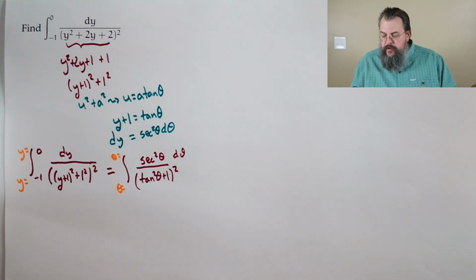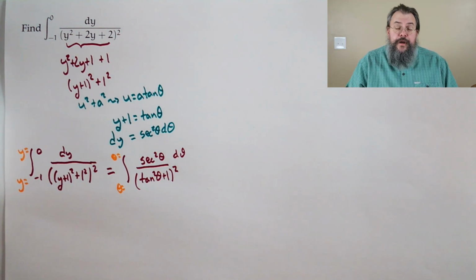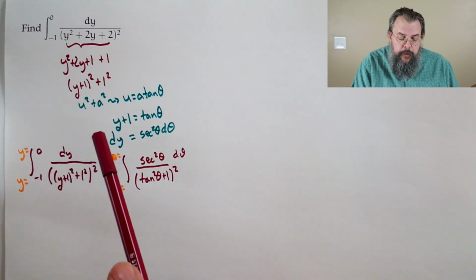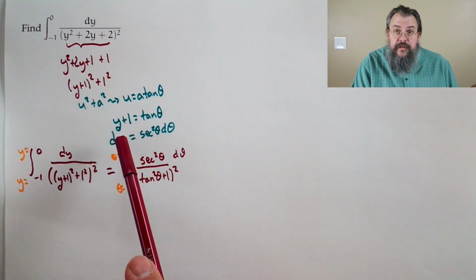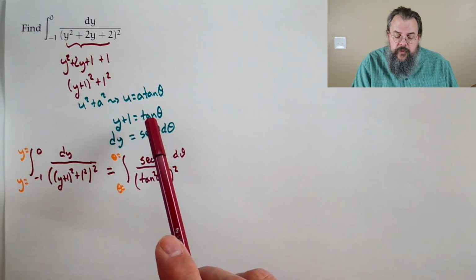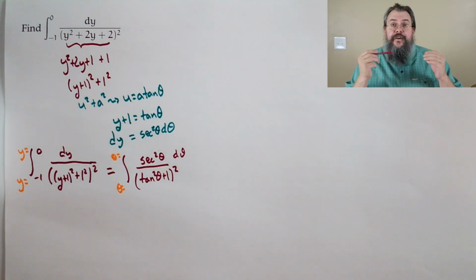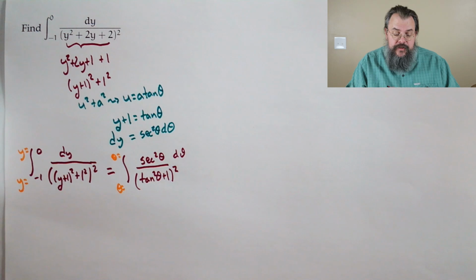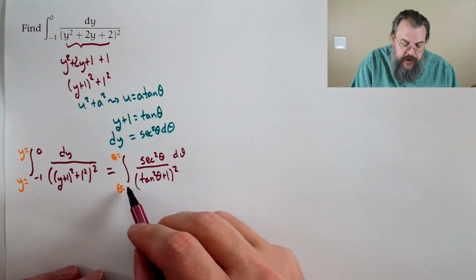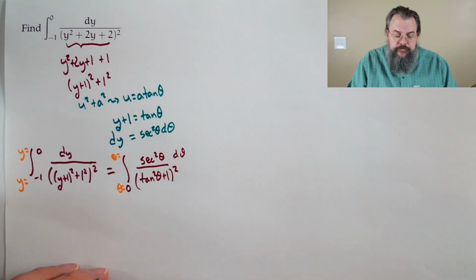All right, so when we put in -1, -1 plus 1 is 0. What angle, when we plug into tangent, has an output of 0? The answer is 0. So our lower bound for theta is 0.